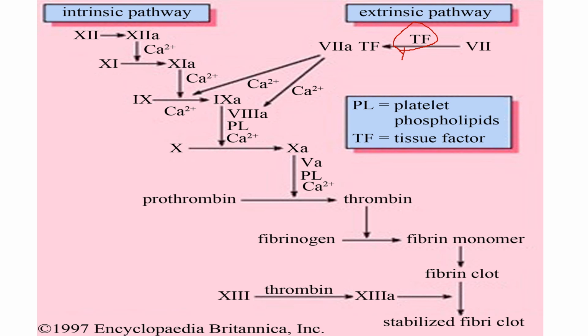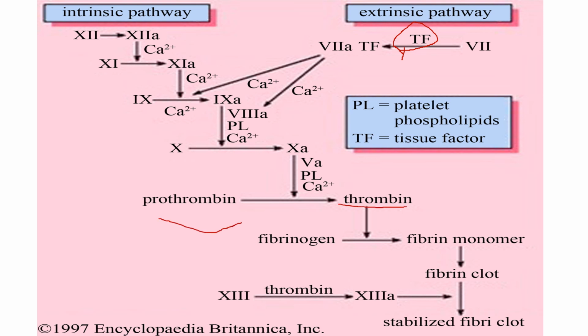In the intrinsic pathway, factor 12 in the presence of calcium converts factor 11 into its active form. Factor 11 converts factor 9 into its active form. Then factor 9, in the presence of factor 8, converts factor 10 into 10A. Then 10A, in the presence of factor 5A, platelet phospholipids, and calcium, converts prothrombin into thrombin.